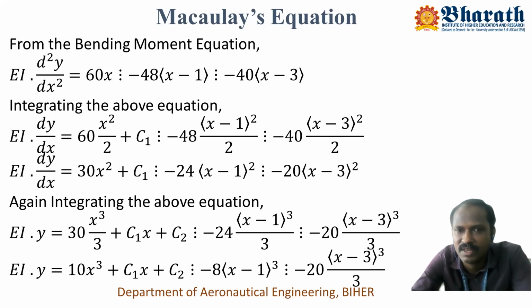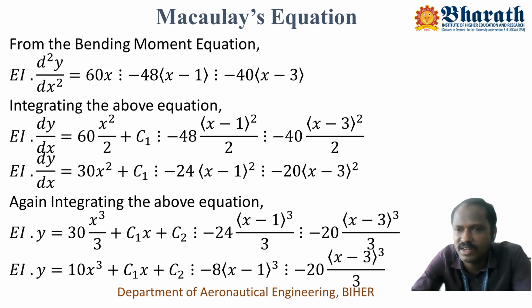Fifth point. And you simplify it, you will get EI into dy by dx is equal to 30x square plus C1 minus 24 into (x minus 1) whole square minus 20 into (x minus 3) whole square. So this is actually your slope equation.